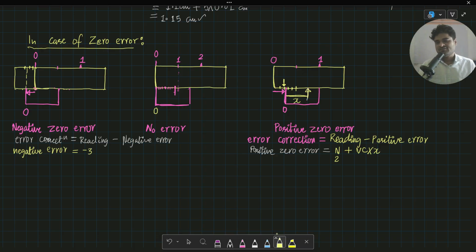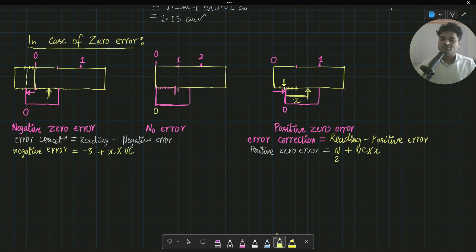So -3 is the subdivision count, and if it is in millimeters then we take millimeters. Then we take x into vernier count, where the vernier count is aligning, and this value will be negative. Whatever reading we get, we subtract this and we get addition.